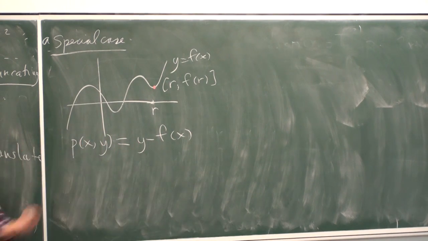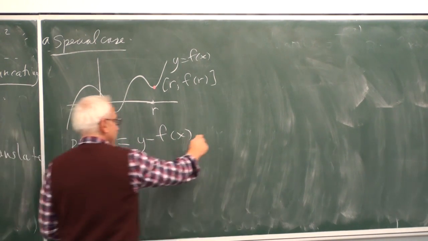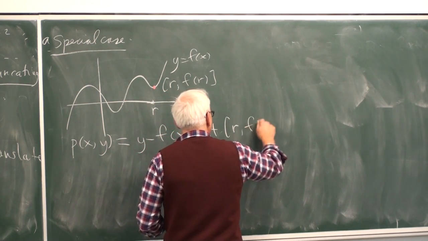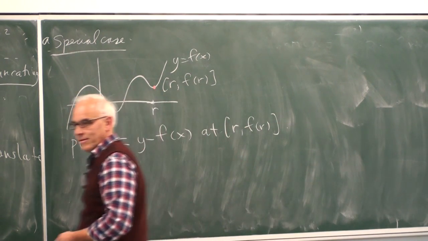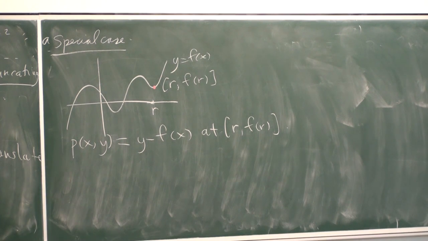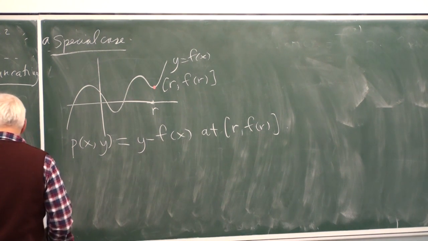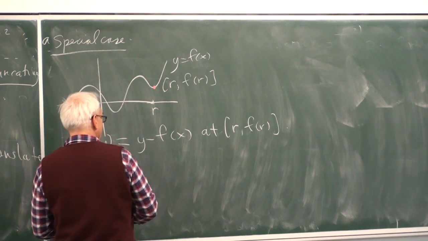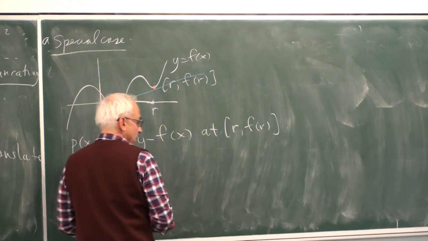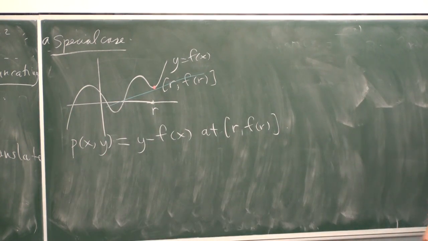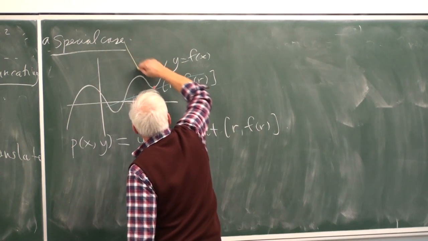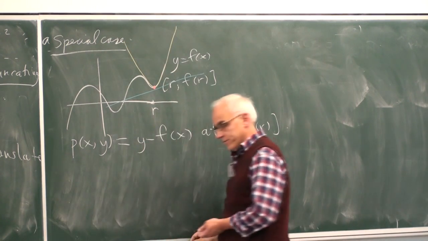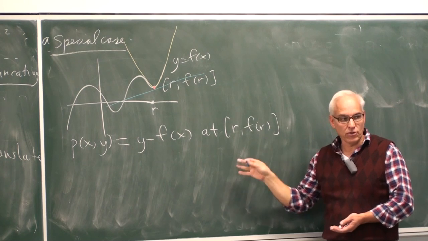So we're talking really about that polynomial at the point r, f of r. In that case, if you compute the tangent line or tangent conic or tangent cubic in this new way, you're going to get the same thing that you did in the previous story. You either get a tangent line or the usual tangent conic or tangent cubic or whatever. So this is a more general situation.